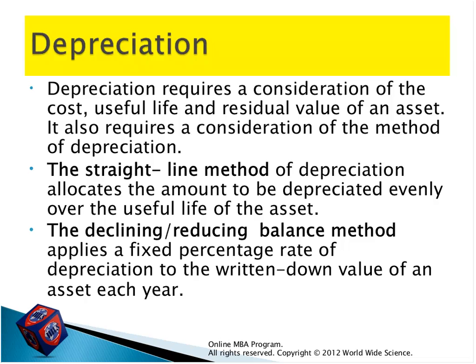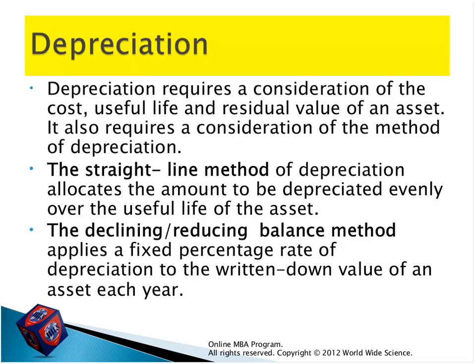To make a provision, we depreciate those assets, which means we save a little amount from the cost of the assets to buy a new one in the future, when the useful life of the old asset has been spent.